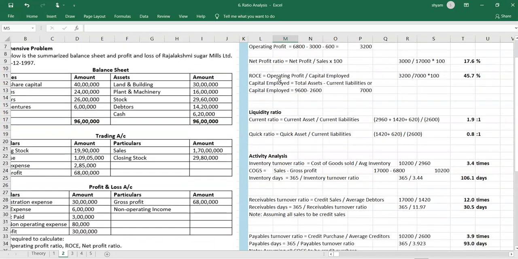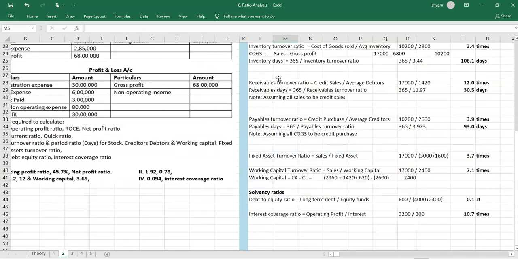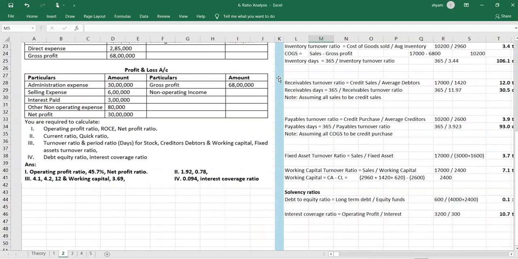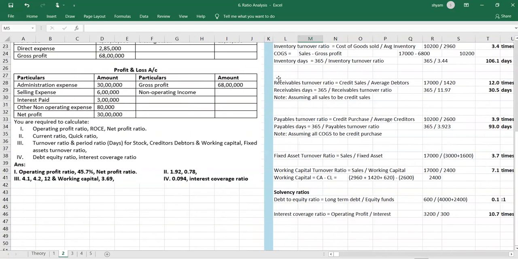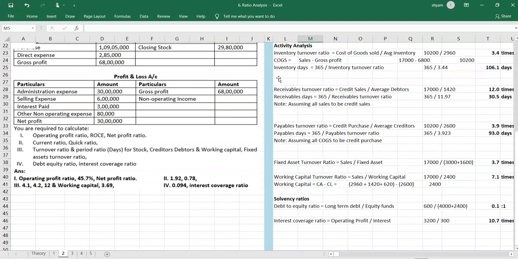So that's about the answer here. See, we are not making any inference or any judgment about how the company has performed or anything like that. Okay, and the question has not asked for those things. So what we can do is we can end the question here.